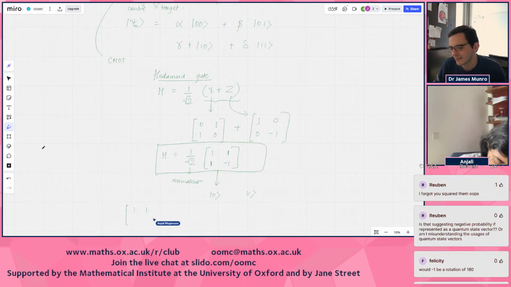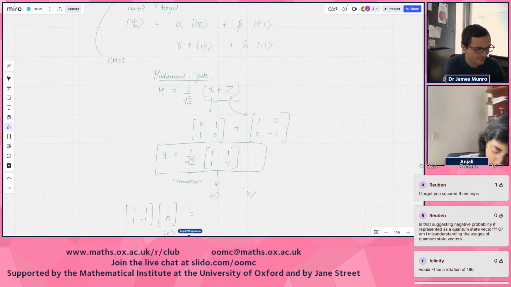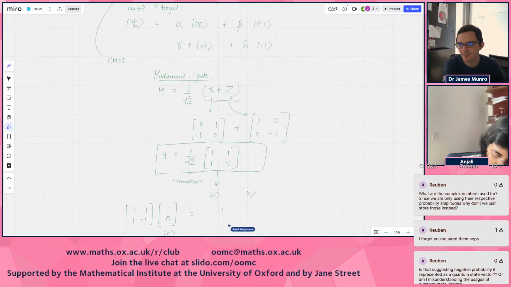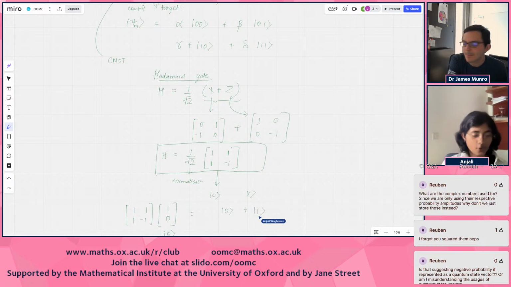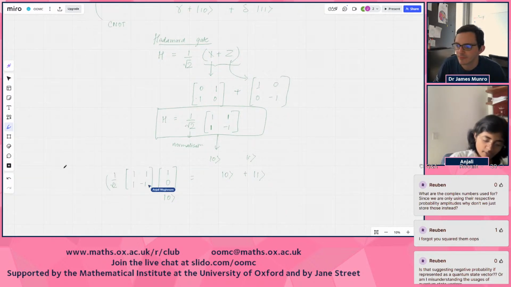If you apply your Hadamard gate on, let's say, the 0 state, you would end up with a 0 plus 1, a combination of 0 and 1, and you would keep the normalization outside.